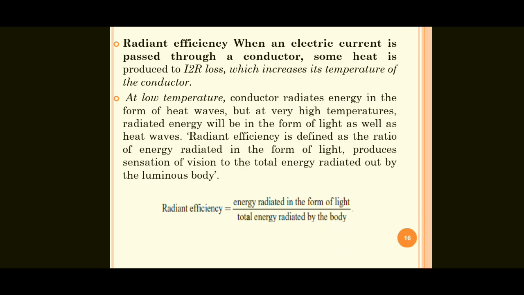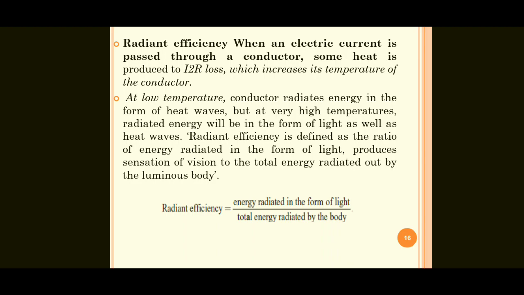So the radiated energy is in the form of light as well as heat waves. From the bulb, the output is the light waves. So, the ratio of energy radiated in the form of light, which produces the sensation of vision, to the total energy radiated out by the luminous body.